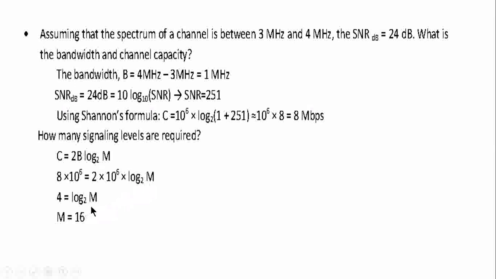If you do your logarithm mathematics, if you remember those principles, 2 will be raised to the power 4, which will give you, of course, 16 signaling levels. So I encourage you to revise a bit of mathematics in terms of logarithms for you to be able to calculate these formulas that were invented by Shannon, right?